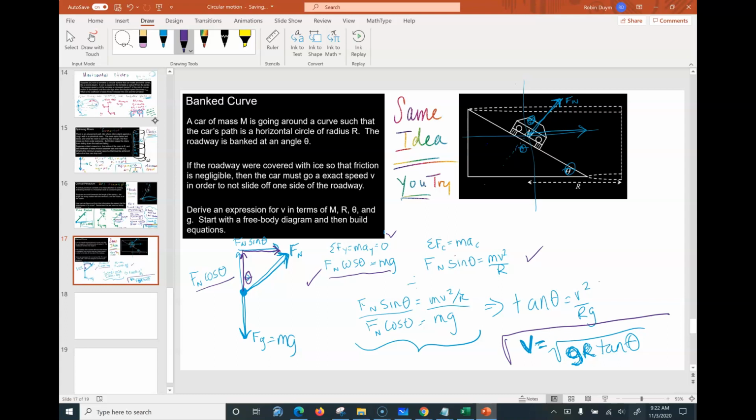So it only depends on how steep the curve is and the radius that you're going around, right? If you go lower than this speed, then you're going to slip down the ramp. If you go higher than this, then you're going to slide up the ramp. And you can go through and check that out.